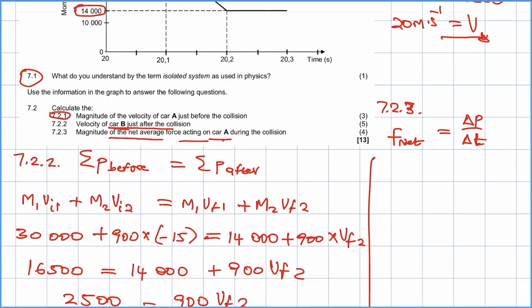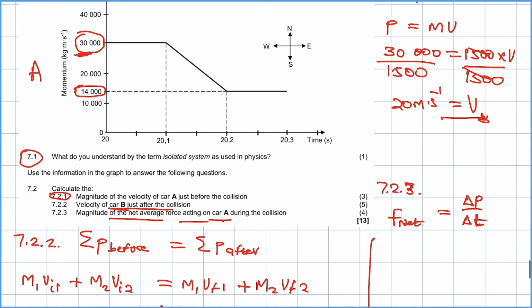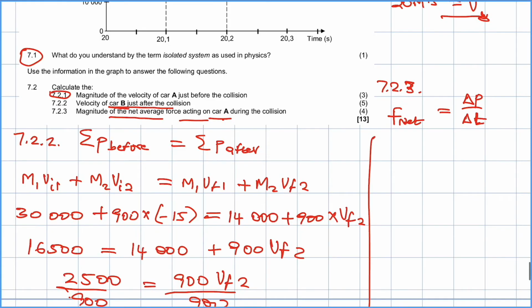The change in momentum for car A is the final momentum, 14,000, minus the initial momentum. So the change in p will be 14,000 minus 30,000, which gives us negative 16,000 kg meters per second.